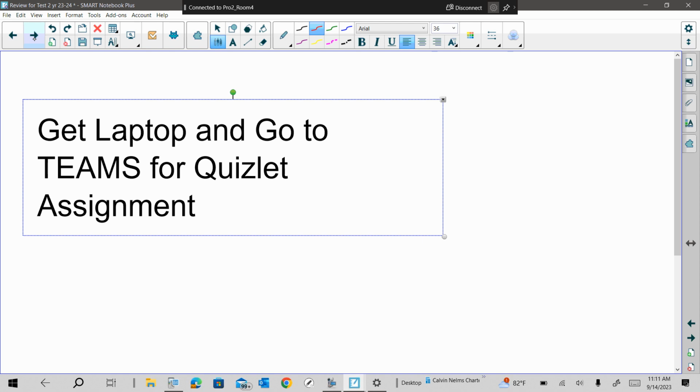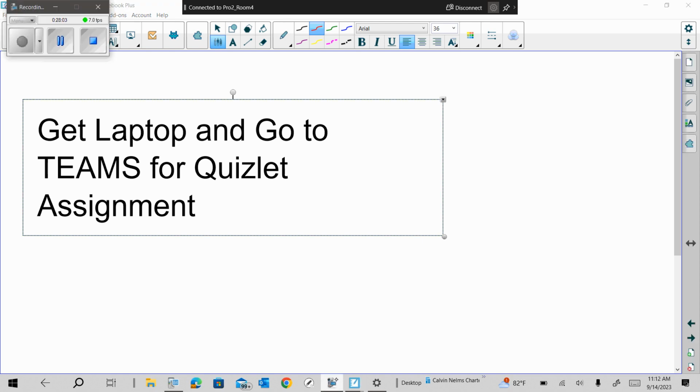So join the group. I just need everyone to join. Once you've joined, you can finish your review packet, or you can actually study. Use the flashcards to study, okay? The packet's not due till tomorrow. Test is tomorrow. So you don't have to show me the packet today. You can show it to me if you can get it done.